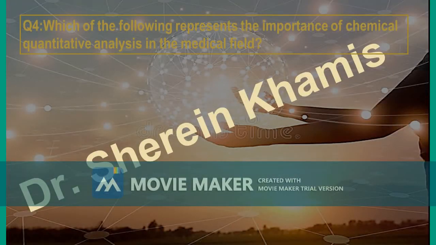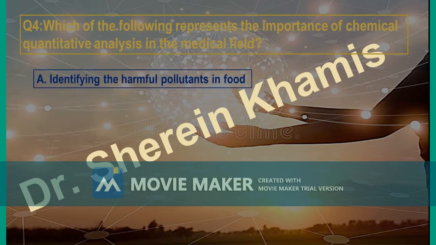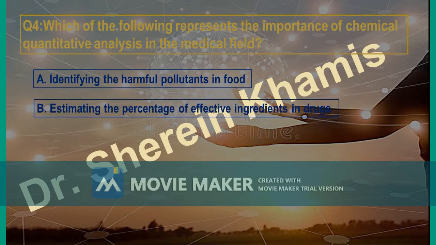Which of the following represents the importance of chemical quantitative analysis in the medical field? Okay, we are going to look at the importance of each field where we use quantitative or qualitative methods of analysis. First one, identifying the harmful pollutant in food. Estimating the percentage of effective ingredients in drugs.